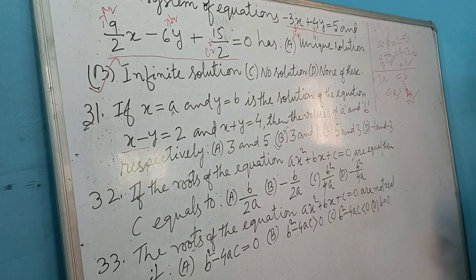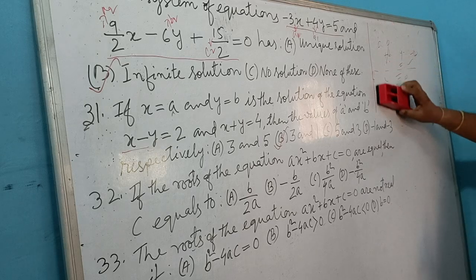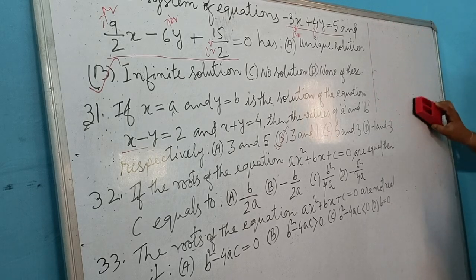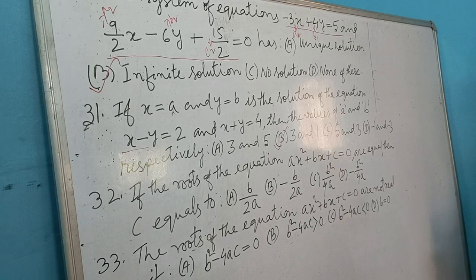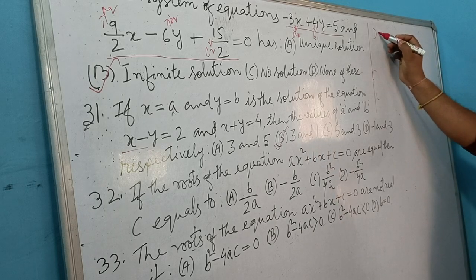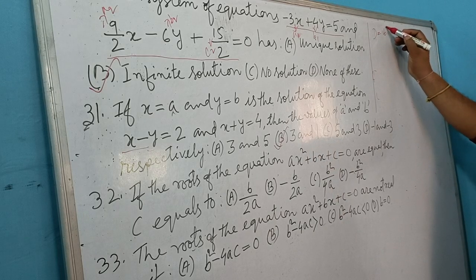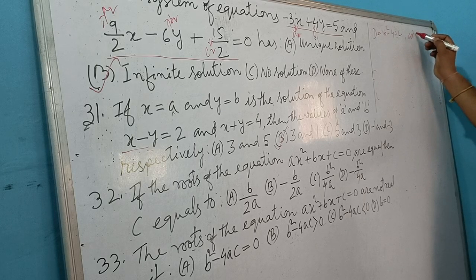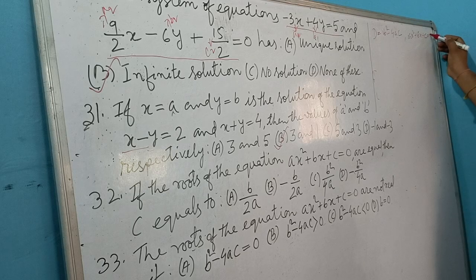If the roots of the equation ax square plus bx plus c is equal to 0 are equal, then c is equal to what? Now you know the condition for quadratic equation, the discriminant formula you have to know. We write discriminant in short form as capital D, b square minus 4ac, and the quadratic equation ax square plus bx plus c is equal to 0, the general form.